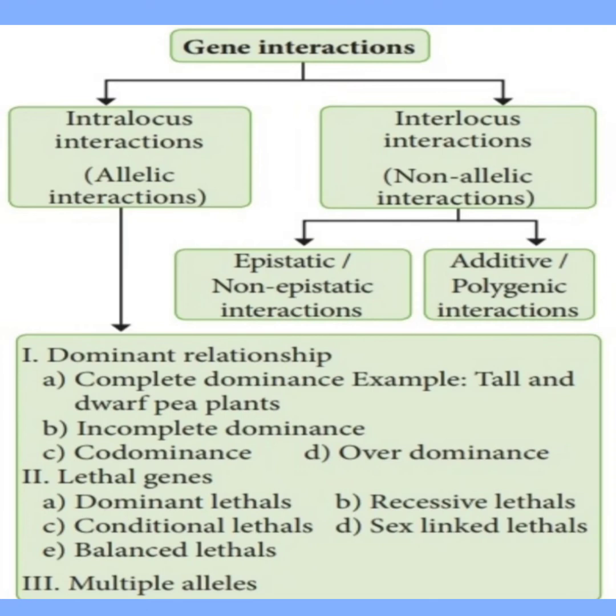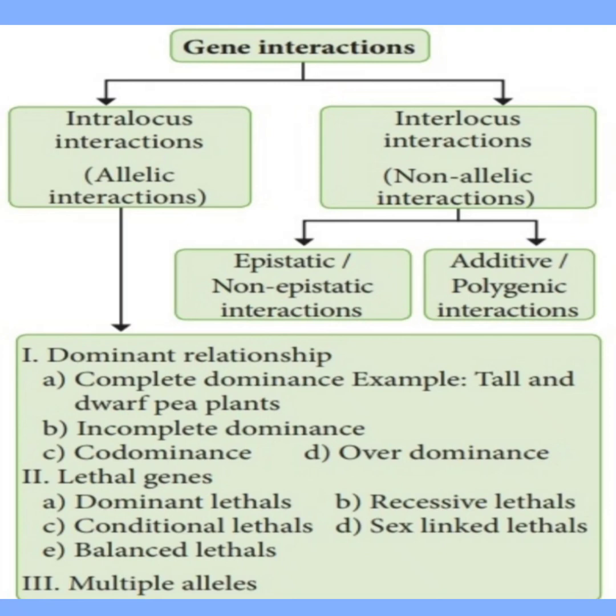Now, what is the classification of gene interactions? First is intralocus interactions, which are called allelic interactions. Allelic interactions are of three types: dominant relationship, lethal genes, and multiple alleles. The dominant relationship may be because of complete dominance, for example tall and dwarf pea plants, incomplete dominance, and codominance or overdominance.